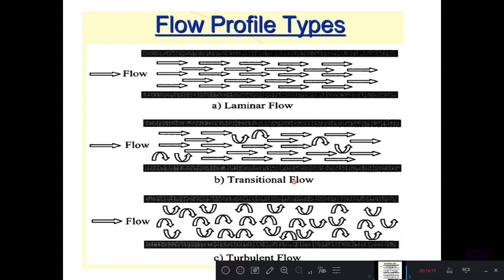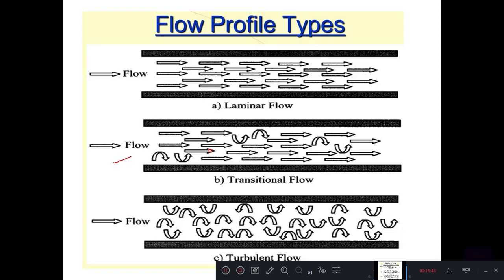Transitional flow is a mixture of laminar and turbulent flow, with turbulence in the center of the pipe and laminar flow near the edges. You can see the turbulence in the center and laminar flow near the edges.